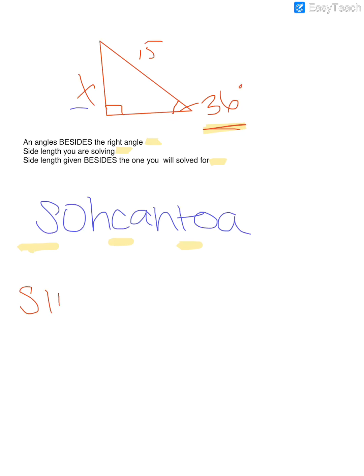So you're going to write sine of 36 degrees, like that, equals, and then it includes OH. So you're going to write it as a fraction, and you're going to write x for opposite, because that is what is opposite of our angle, and then 15 for hypotenuse, because that is the length of our hypotenuse.